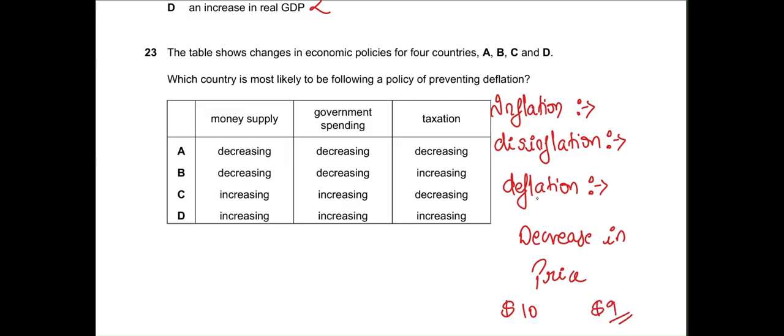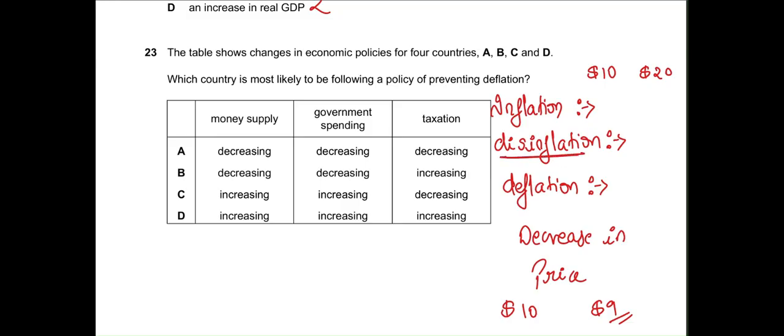That is known as deflation. And inflation, as we know, is an increase in the price. For example, from $10, the product price next year is $20. So there is an increase in the product price. So this is inflation.